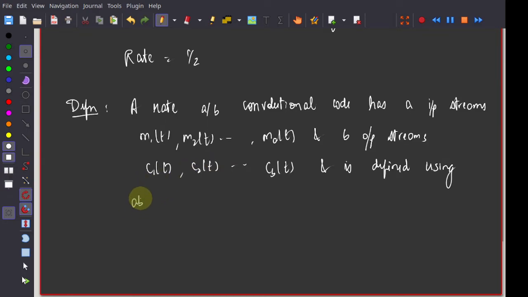So there are a total of A times B impulse responses.